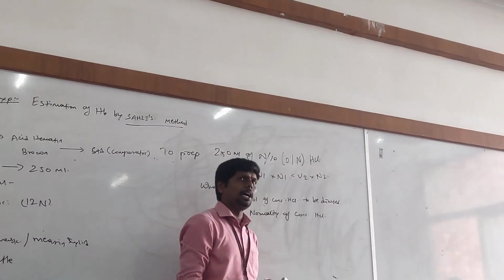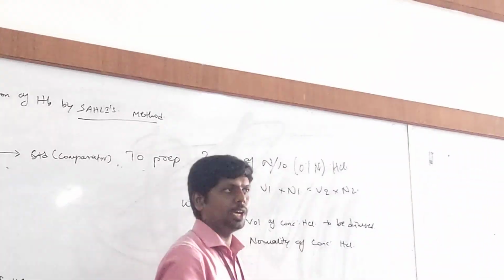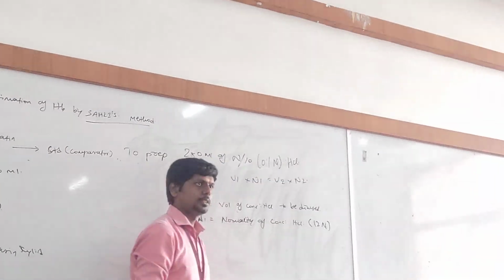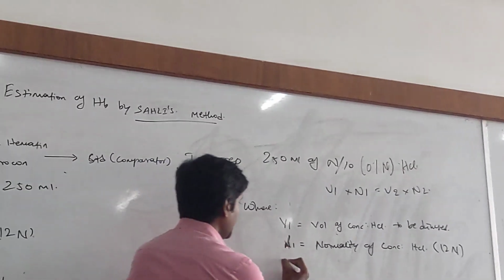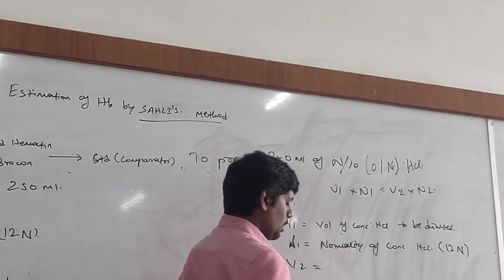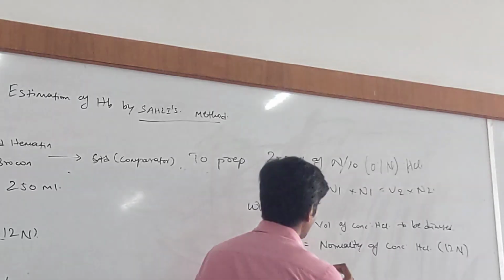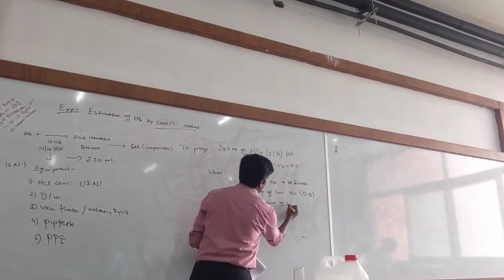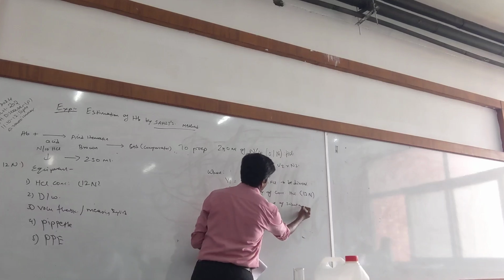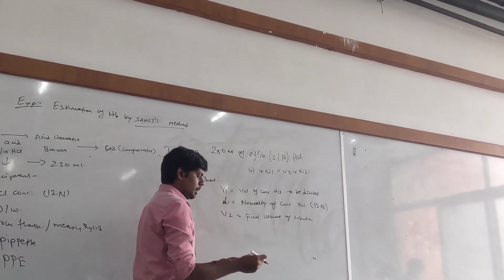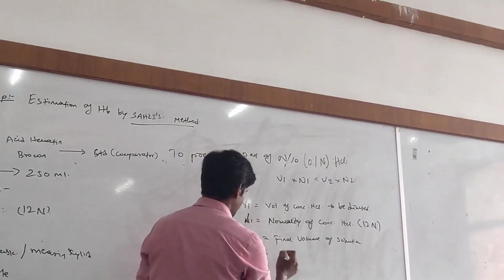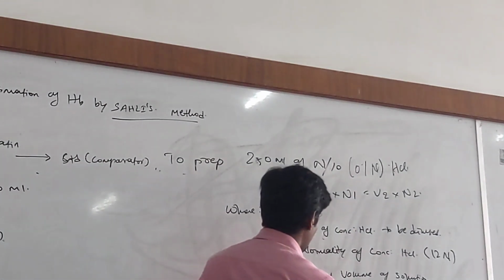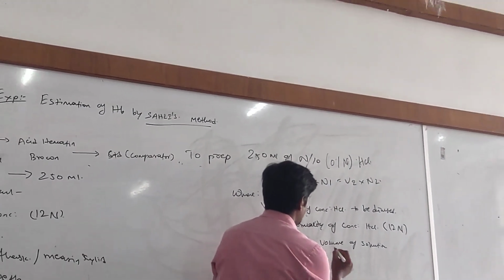What is the normality of concentrated HCl, by the way? 12 N. Keep in mind. Next, V2 stands for the final volume of solution. And N2 equals the desired normality of the solution.